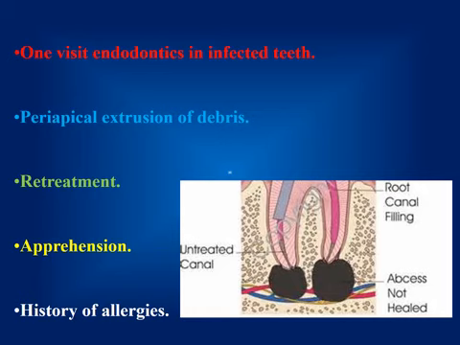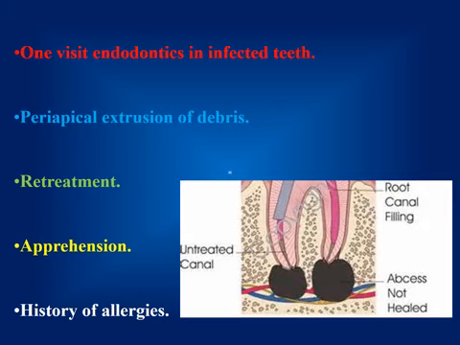Retreatment. When we do retreatment, we remove old gutta-percha that has some kind of infection. These remote areas may have bacteria that are anaerobic.